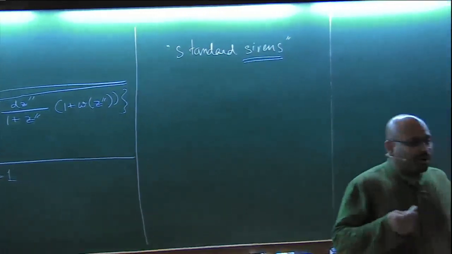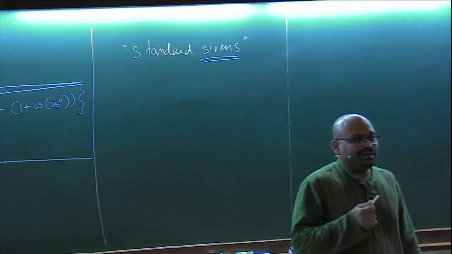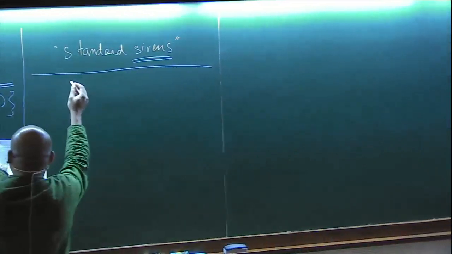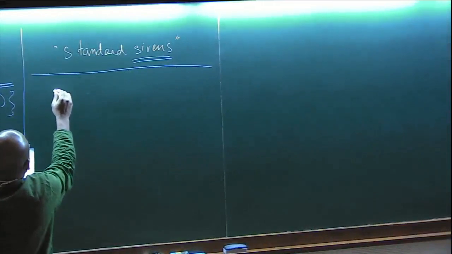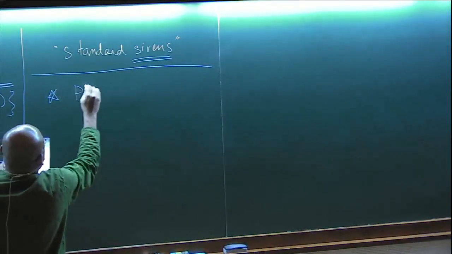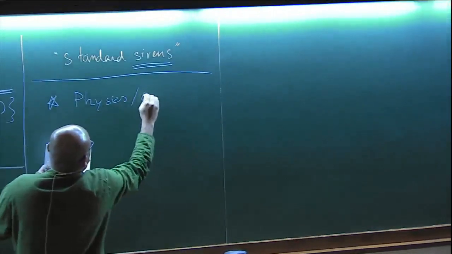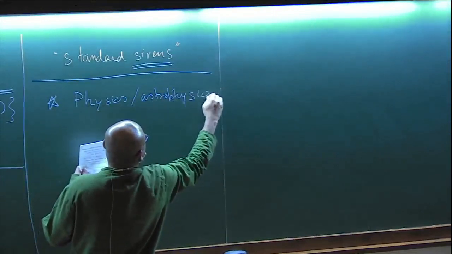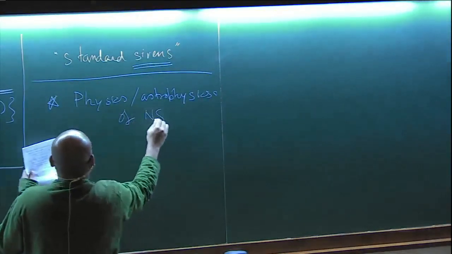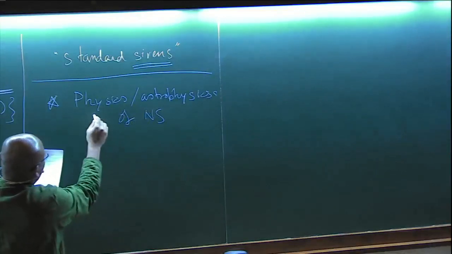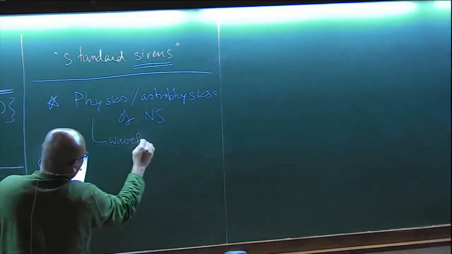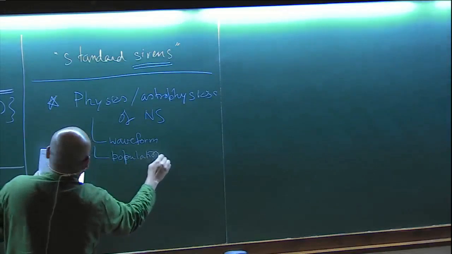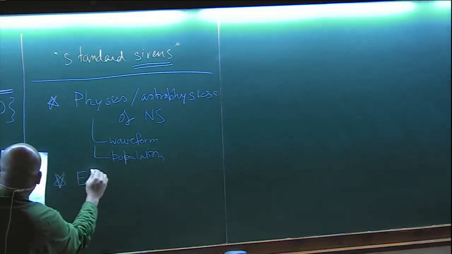The redshift information can come from an electromagnetic counterpart. Redshift information can come from the physics or astrophysics of neutron stars, and this can be signatures in the waveform, or population, or it can come from an electromagnetic counterpart.